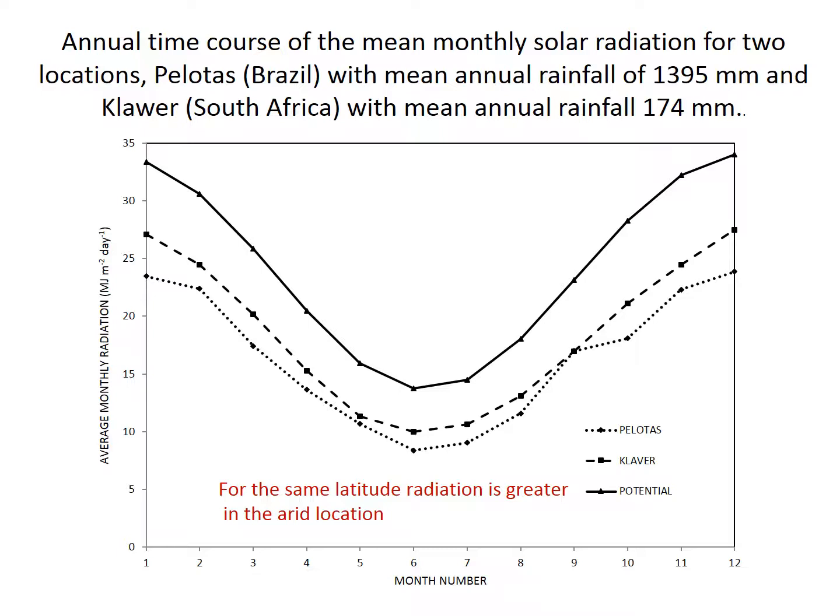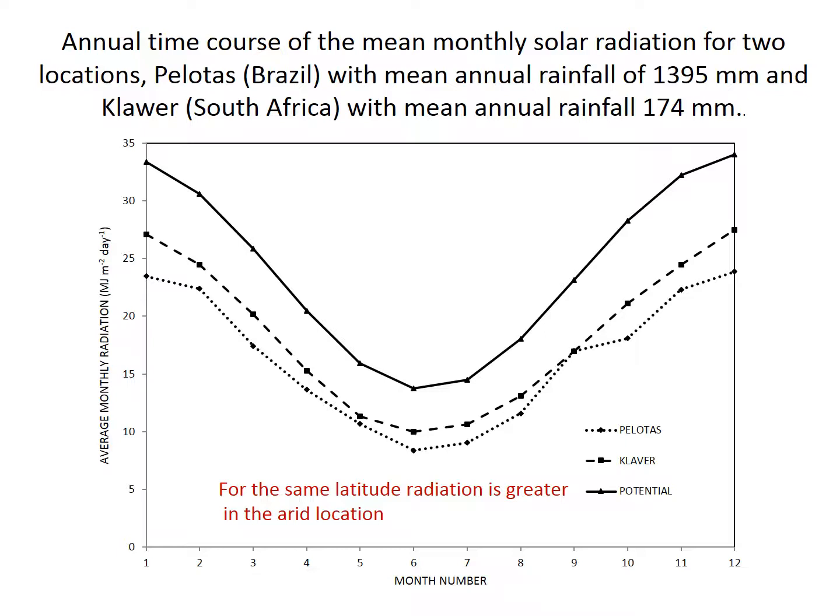In this graph, we only emphasize the idea that for the same latitude, the radiation will be greater for an arid location than for a wet location.